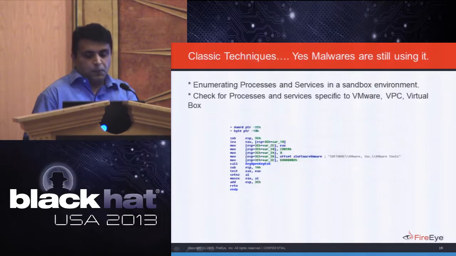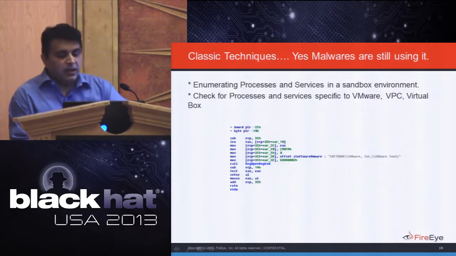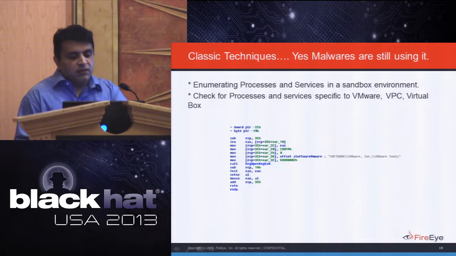These files are very specific to Joe Sandbox. In order to create a sandbox, we can use VMware, Virtual PC, VirtualBox, and all these applications have very specific processes and services which are specific to them.